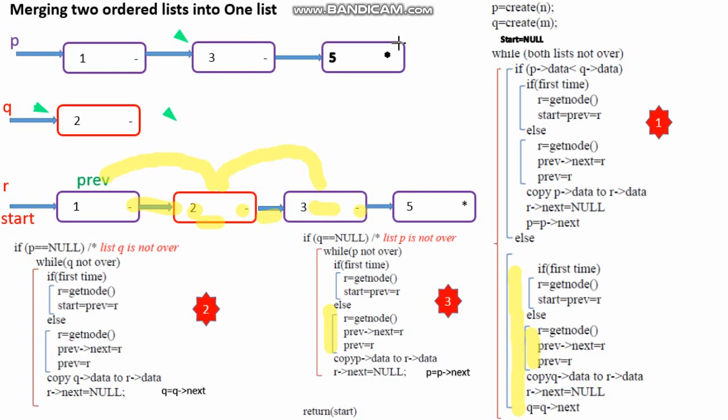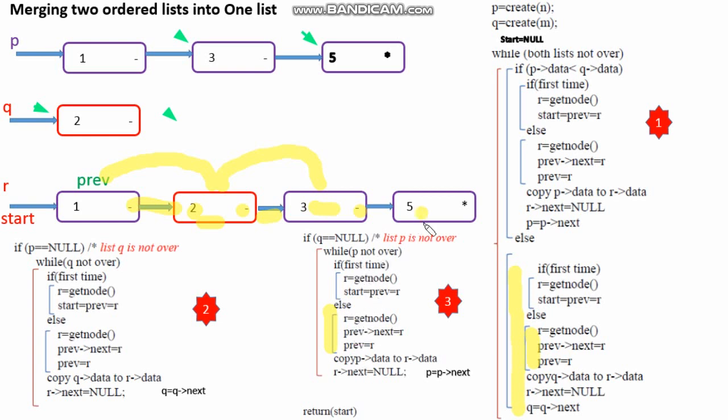P now moves from here to here, because only P needs to be advanced, so it will go back again, and again only one node, so it comes back here. It's not the first time. P is not over, comes here.